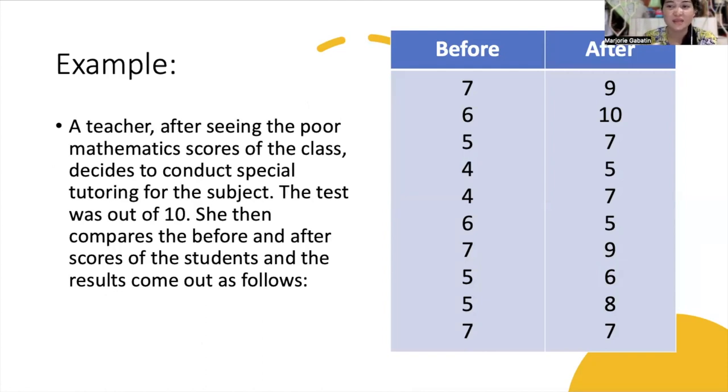Then she compares the before and after scores of the students to see if there is a difference in the scores. Here, class, you can see the scores before the tutorial, and here, you can see the scores after the tutorial.